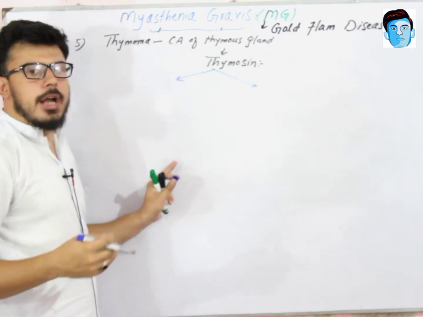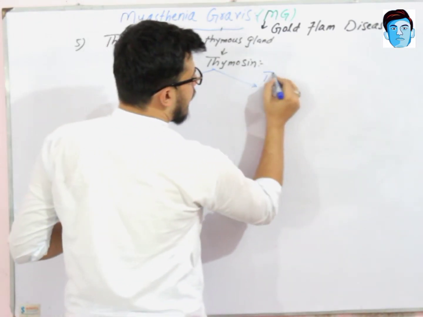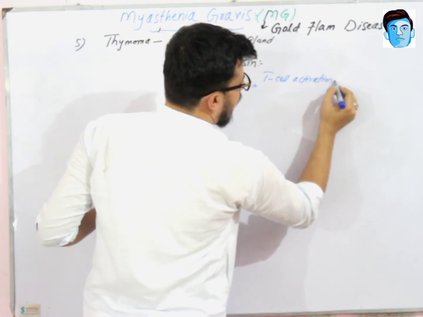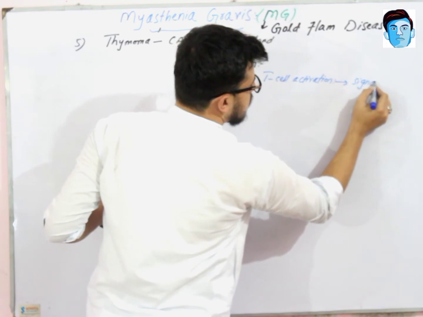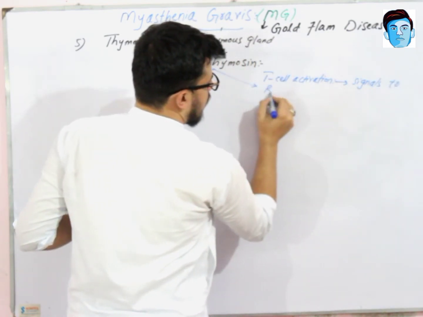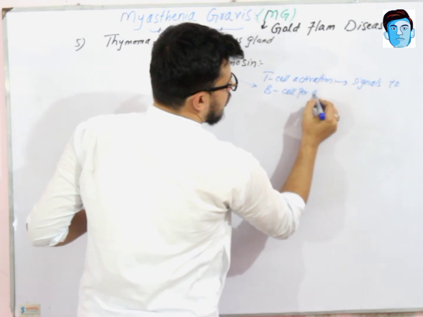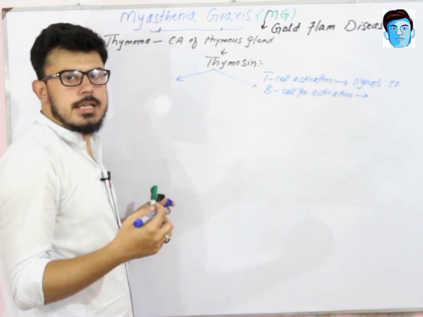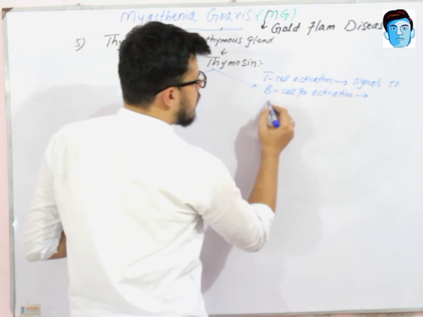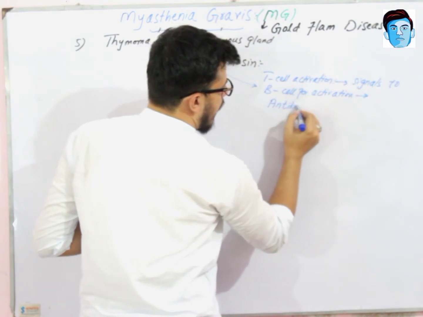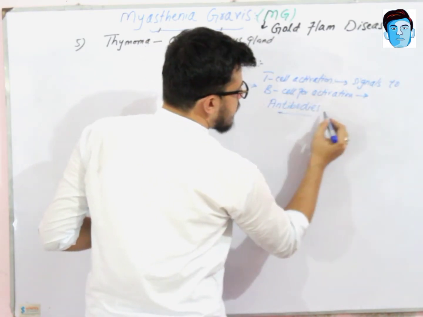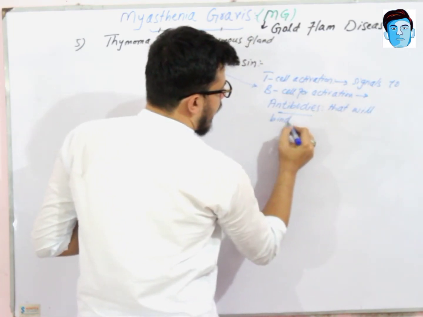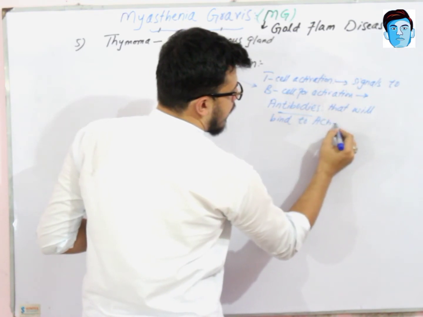First, thymosin helps in T cell activation. After that, the T cell gives signals to the B cells for activation. Upon activation, the B cell produces antibodies, and those antibodies bind to the acetylcholine receptor.